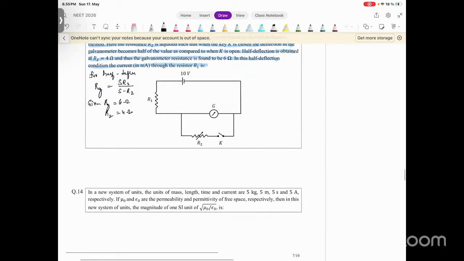Current through the galvanometer becomes half. So voltage across the parallel branch will be V is equal to Ig into Rg, isn't it? So current through I1 will be equal to how much, beta? It will become 3 amperes. Isn't it? So current through R1 will be equal to 3 milliamperes. Current division rule I am using.